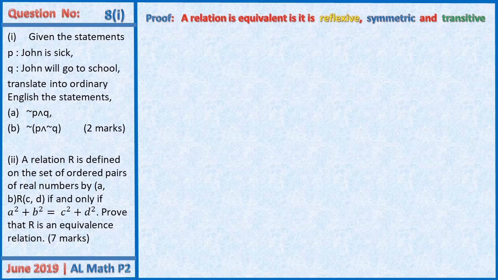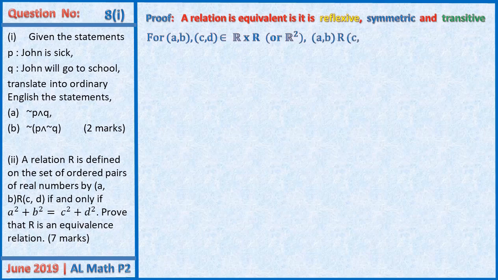So let us start by looking at reflexivity. So A, B relates to C, D is an element of R times R. You can see now the set of real numbers. So R times R can be written as R squared. That's 2 dimension in this case. So let's prove for reflexivity.